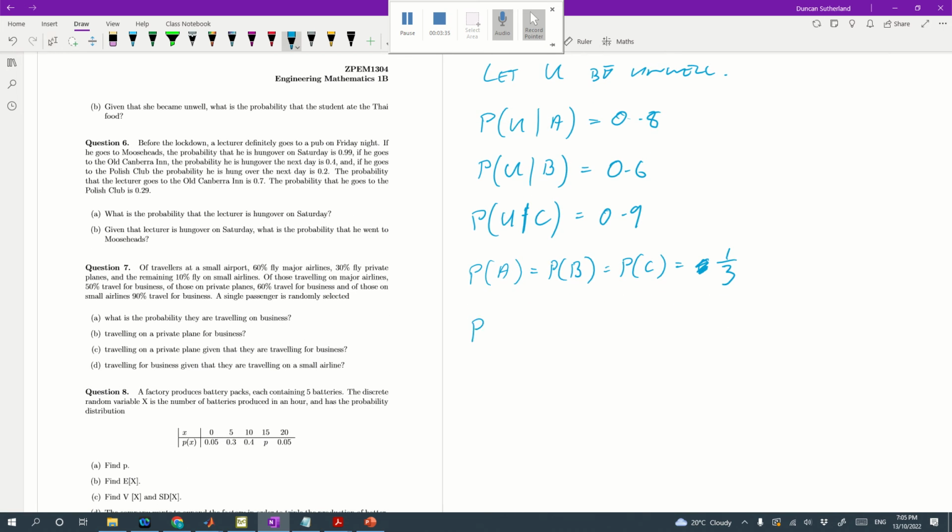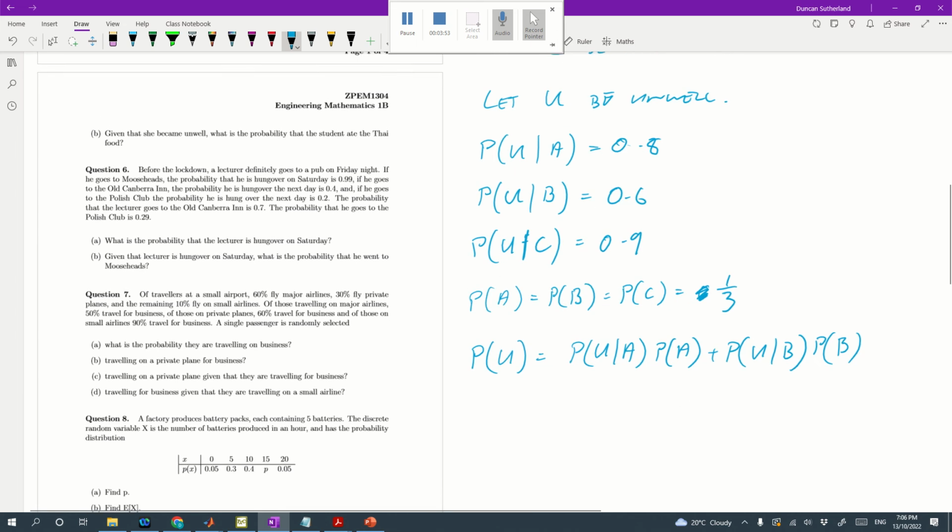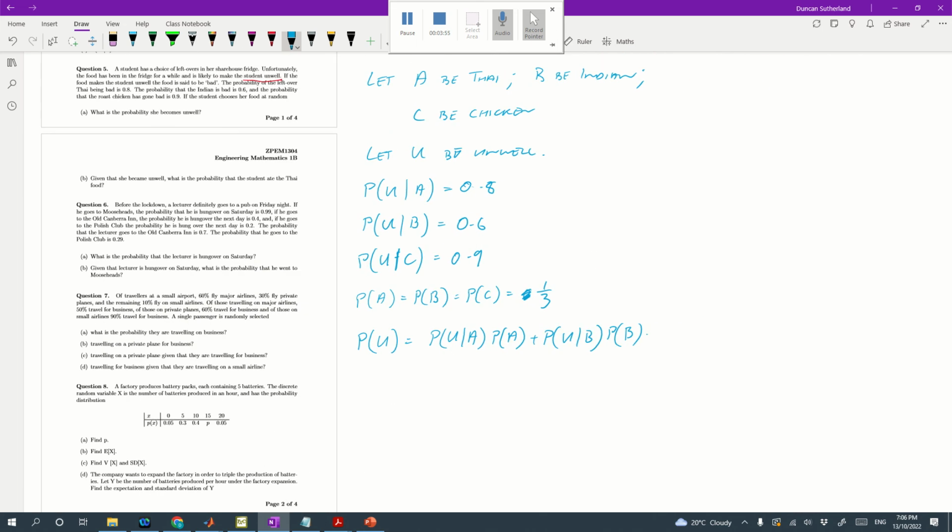First, probability of unwell is equal to the probability of U given A times the probability that A has occurred, plus U given B times the probability that B has occurred, plus U given C times the probability of C. Okay, and we can actually compute this number.